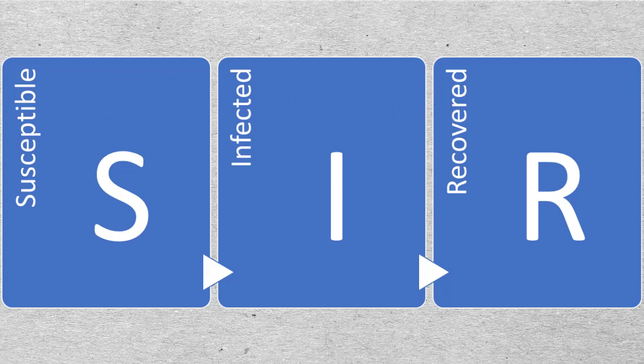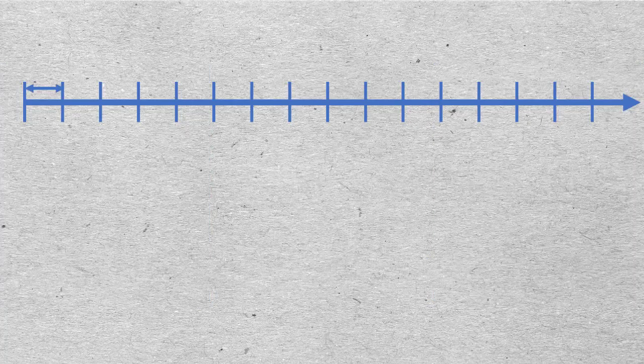Let's introduce a timeline marked off in short time steps of delta t. We'll describe the changes that take place in the interval delta t. The timeline is called a mesh.